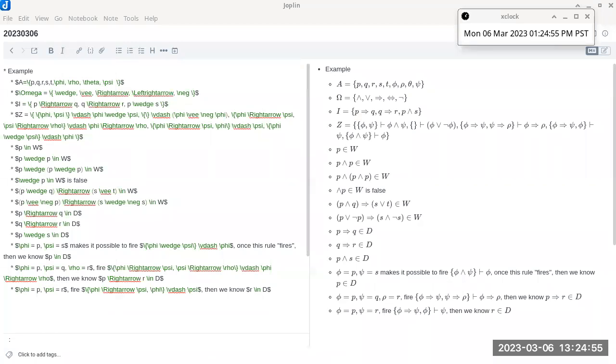It's probably infinitely large, so I'm not concerned about listing everything that is in D. There are only a few things that I want to know are in D, because it would be totally pointless to try to enumerate everything in D. So W is all the well-formed formulae from alpha and omega, and D is all the derivatives from iota. But D is everything that is derivable from iota. Yes.